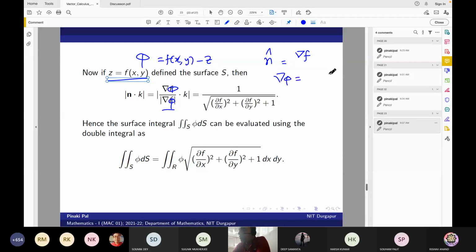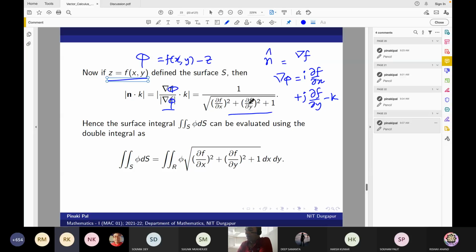We know that we have to differentiate phi with respect to x. So grad phi is equal to i del f del x, z will not have any contribution, plus j del f del y minus k. This is your grad phi. If you divide it by its modulus, you will get this in the denominator, and if you take the dot product with k, you will get this one.